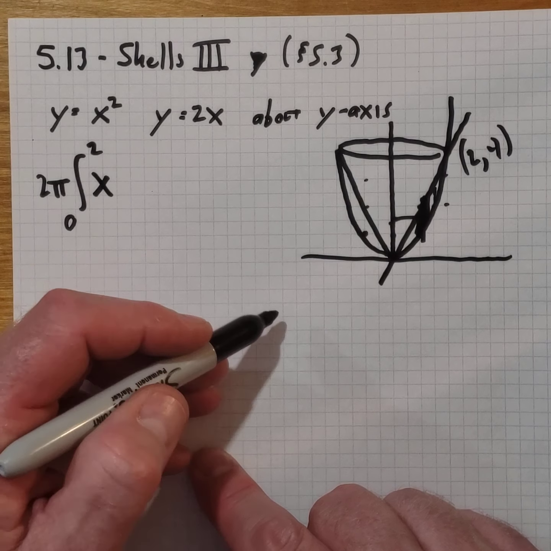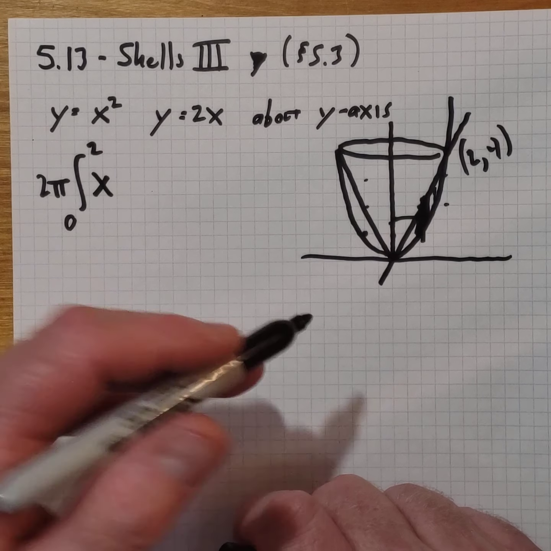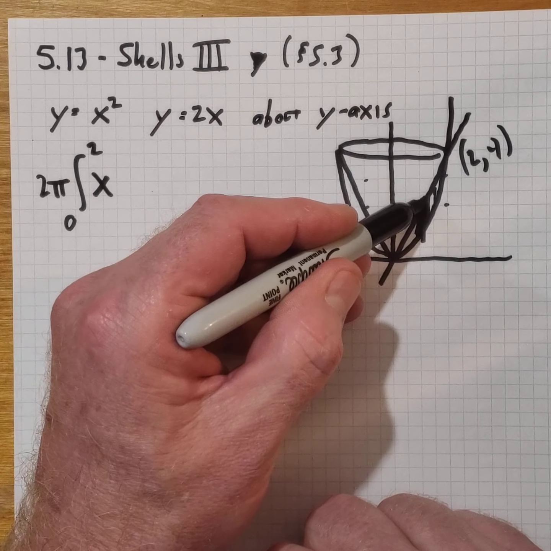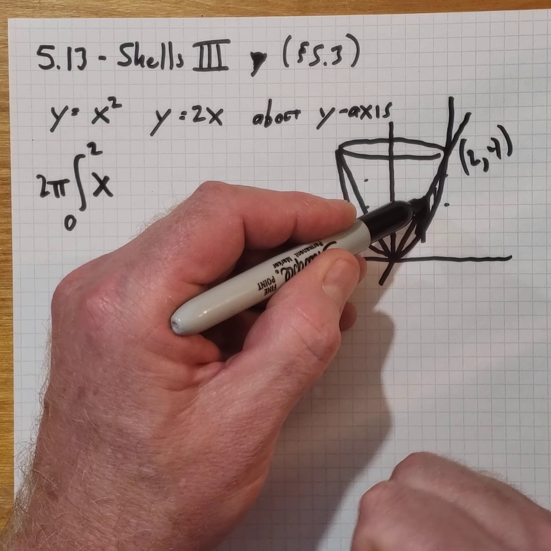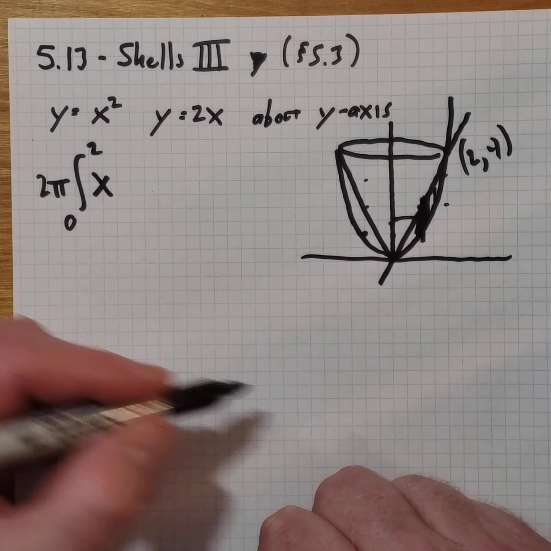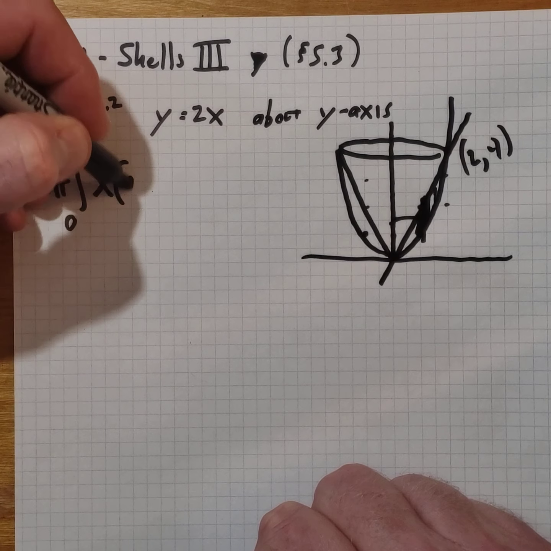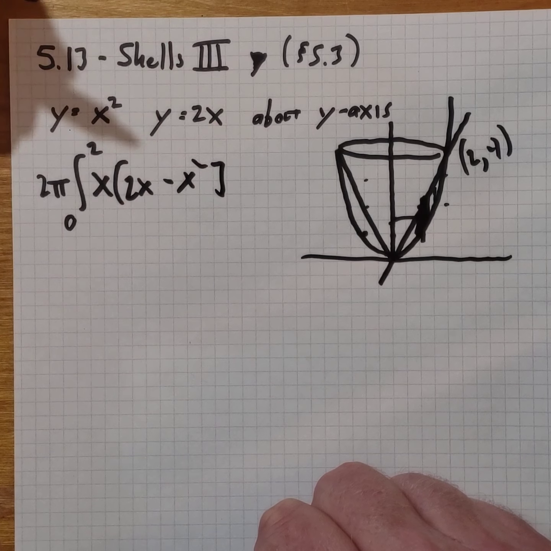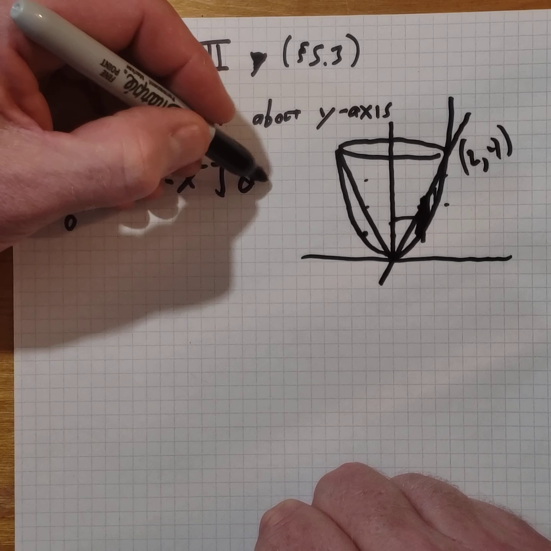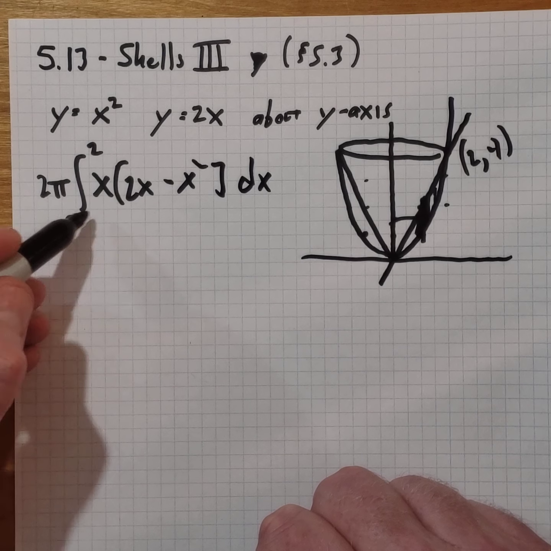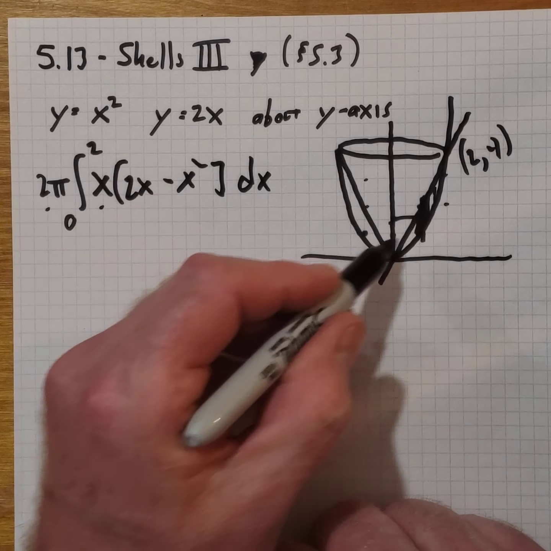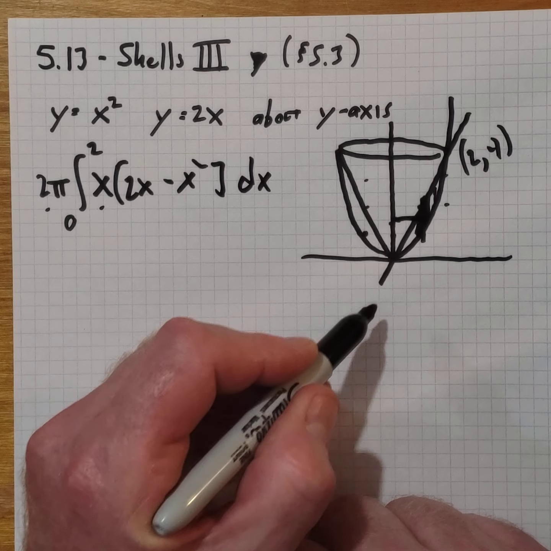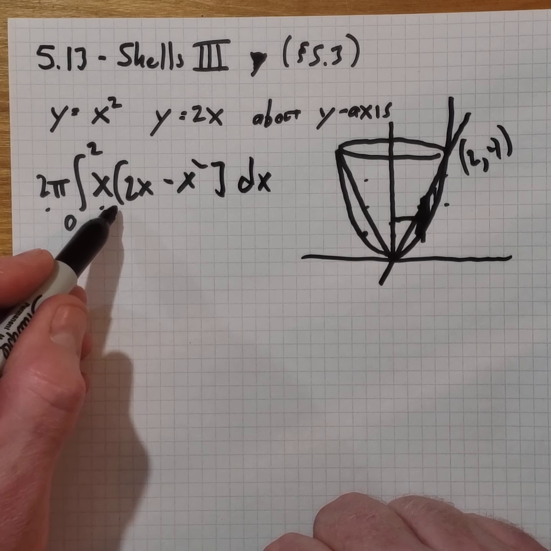The height of the rectangle is not a single function this time. Like what we did in section 5.1, it's going to be the function on the top minus the function on the bottom. So it's going to be 2x, the top curve, minus x squared, the bottom curve, dx. Okay? 2 pi, the radius, how far the cylinder is away from the axis of rotation, and then the height of the cylinder.